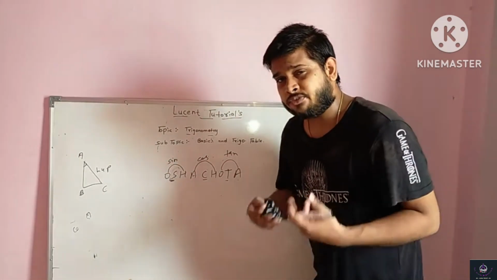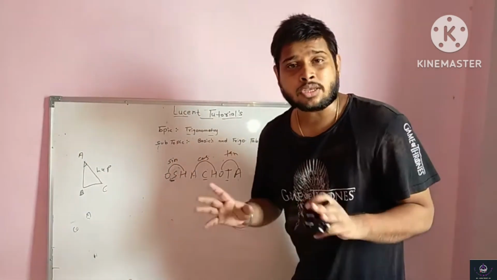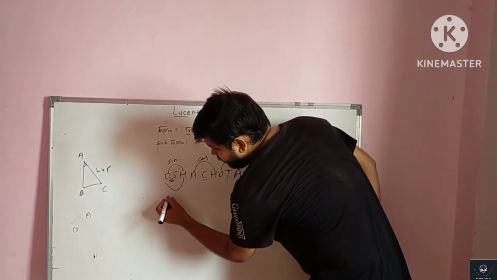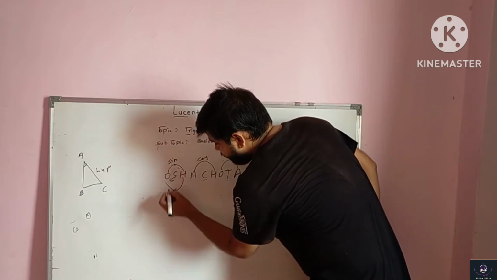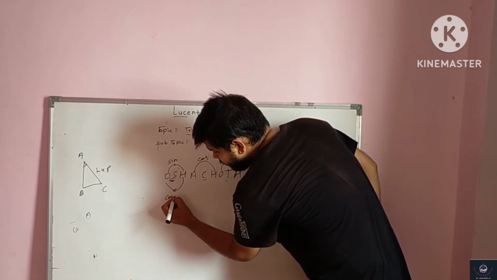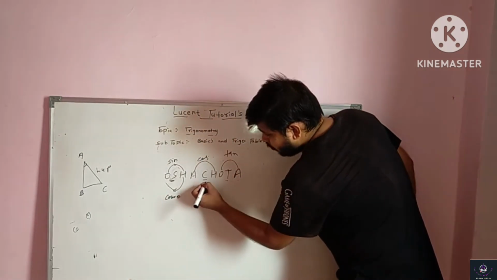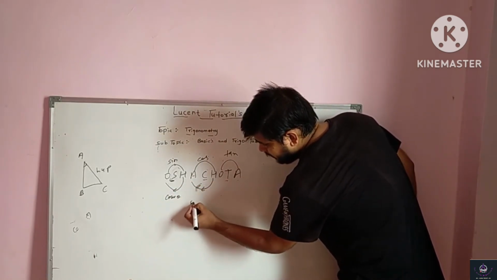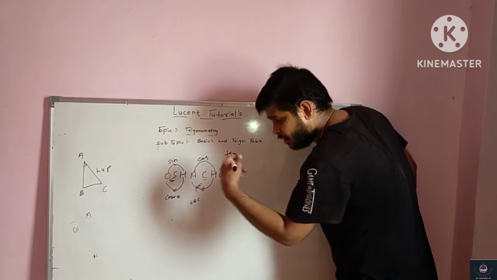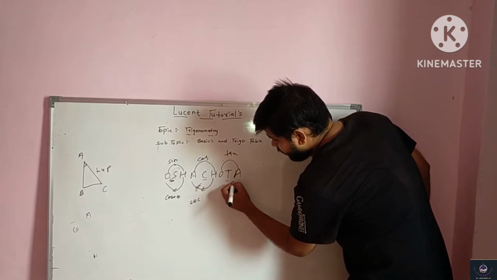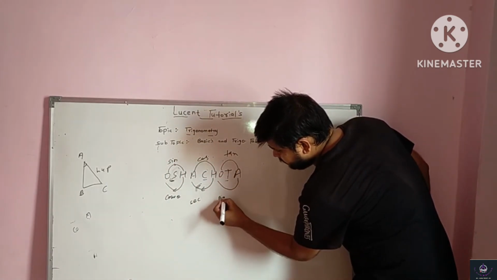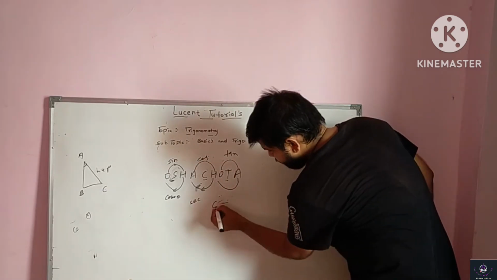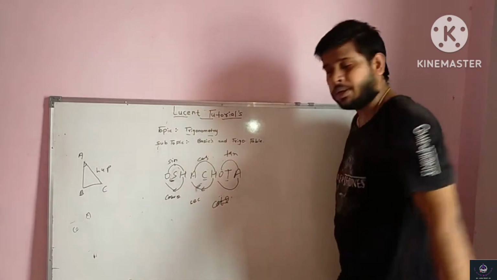Now, as we know, the reciprocal of sine is cosec. What was cosec? Hypotenuse upon opposite. What is sec? Hypotenuse upon adjacent. What is cot? Adjacent upon opposite. Got it?